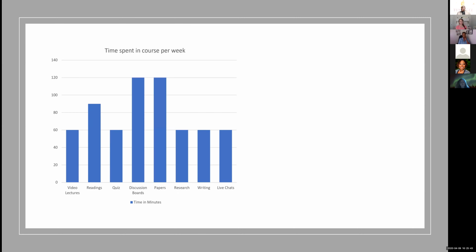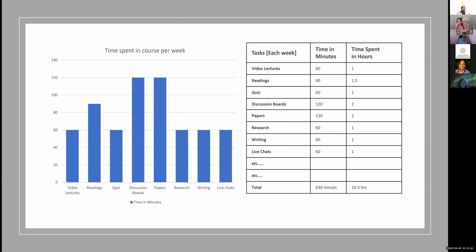And here is a sample of the time spent per week in an online course during the summer at Tuskegee University. We have this in a spreadsheet, and if anyone wants to modify this for their course, let us know.